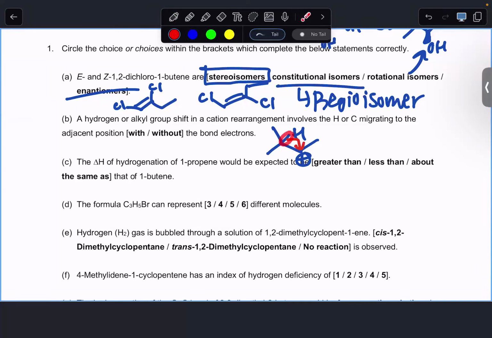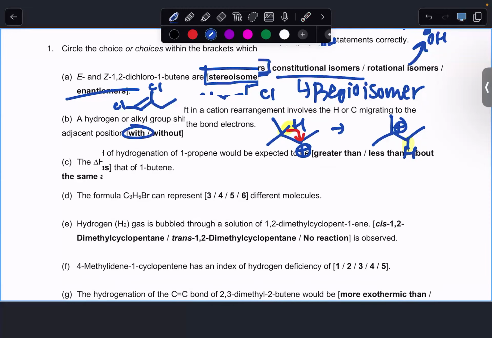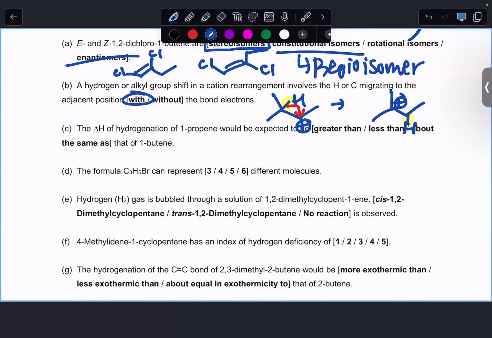These two electrons in that bond are going to move with the hydrogen, with the hydride shift, like that, right? Where that bond right there is this bond right here, which moved with the hydrogen. Right? Okay.